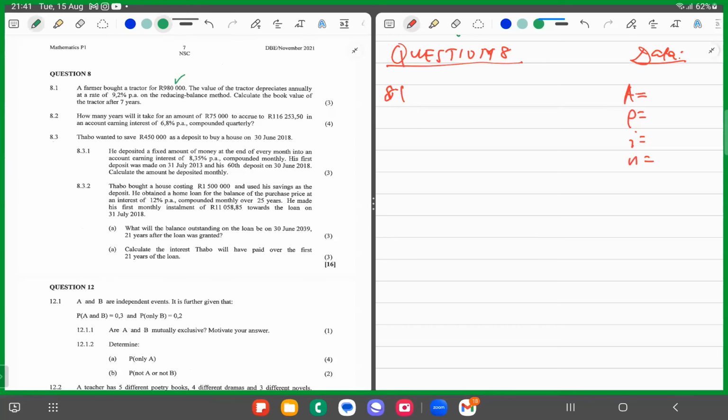Let's look at these. Right, so the farm bought a tractor for 180,000. So in other words, right now the principal is 980,000. The value of the tractor depreciates annually at the rate of 9.2% per annum on the reducing balance method.